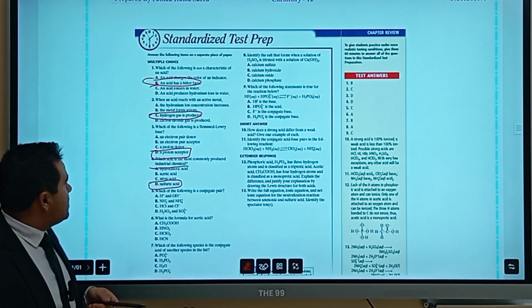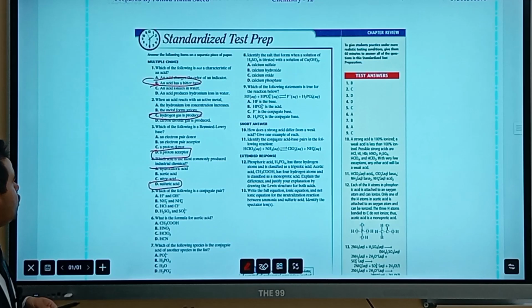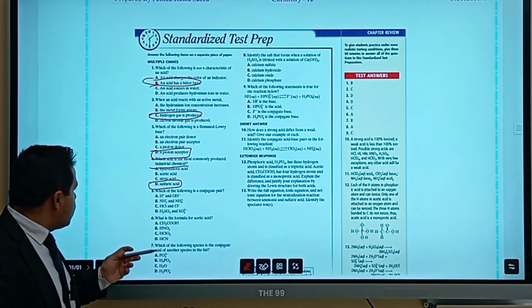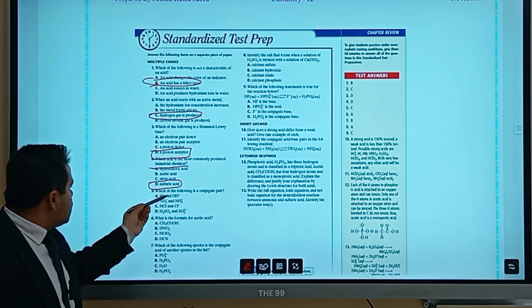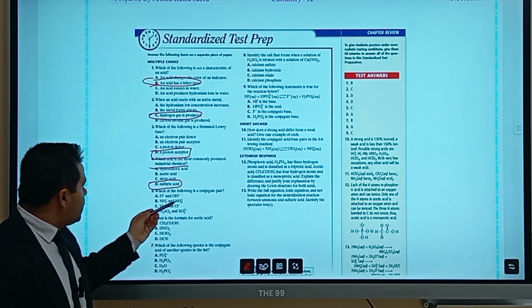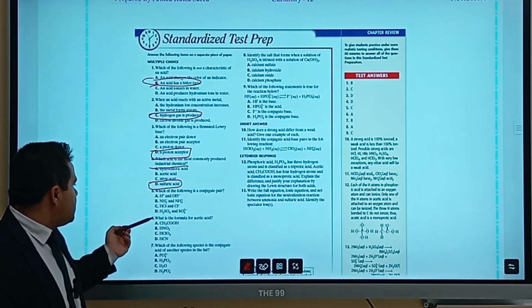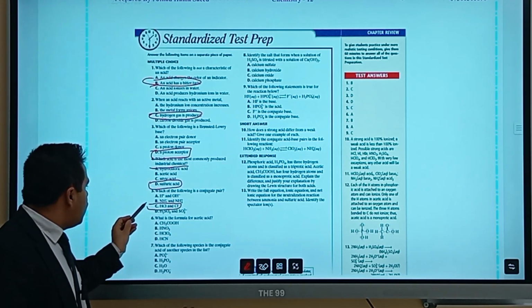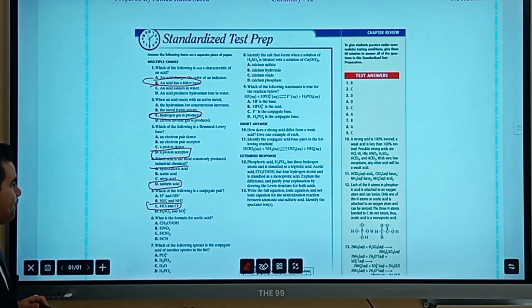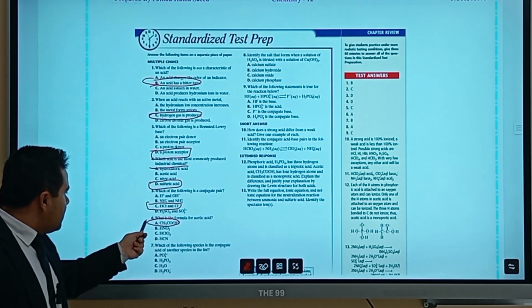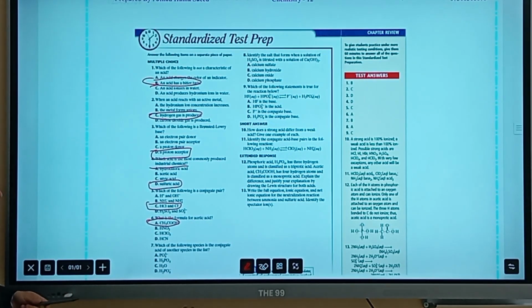Sulfuric acid is the correct answer, which is D. Which of the following is a conjugate pair? H positive with hydroxide? No. NH2 negative with NH4 positive, two differences. HCl with Cl negative, yes, these are the conjugate pairs. The sixth one, guys, what's the formula for acetic acid? A is the correct answer.